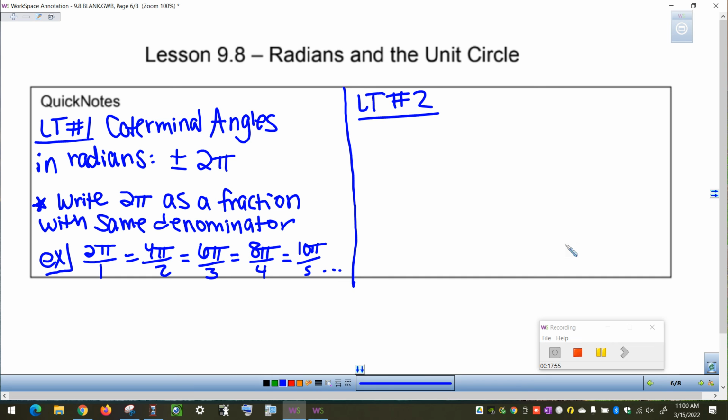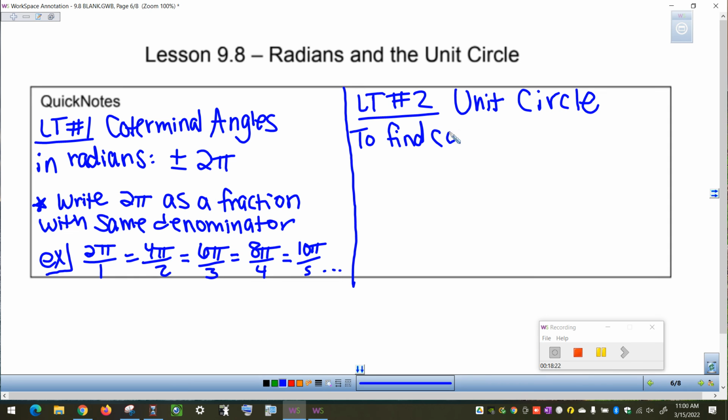All right, and then our second learning target here was to evaluate trig expressions for angles in radians. All right, and this is using our unit circle.